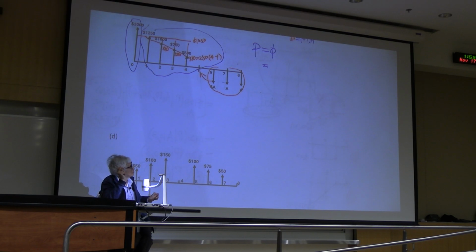Then we use the gradient formula and it's easy from there to find the formula for A. We use the unit present value, given your interest rate.